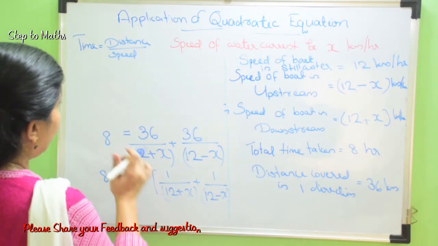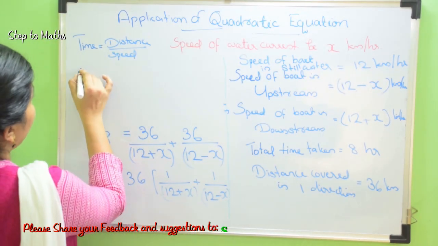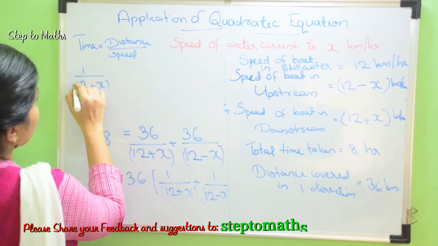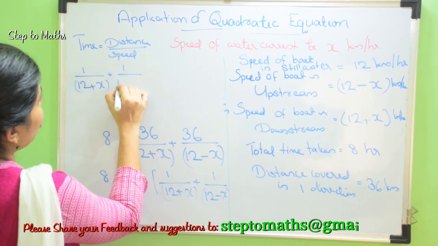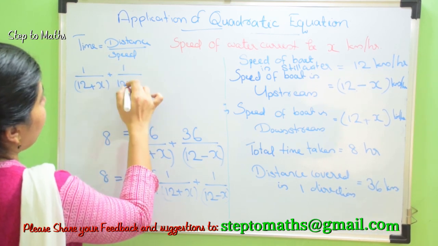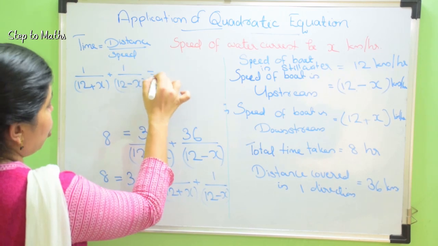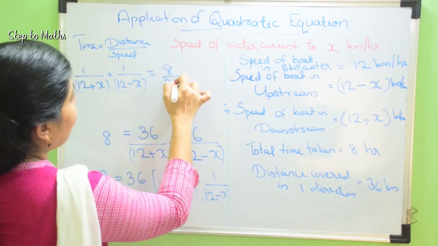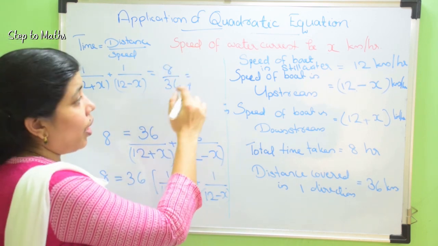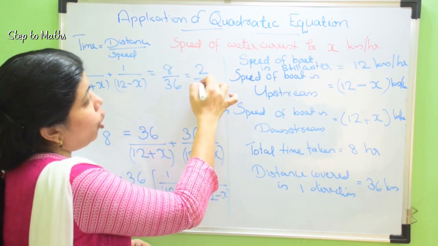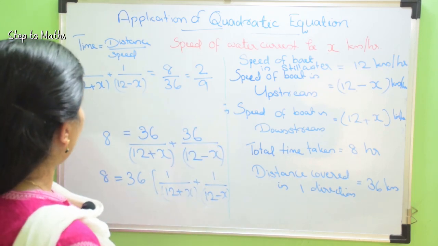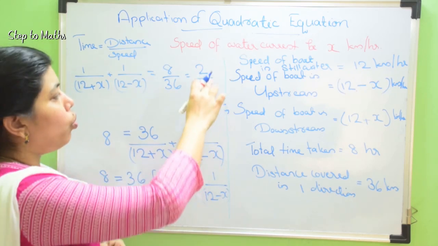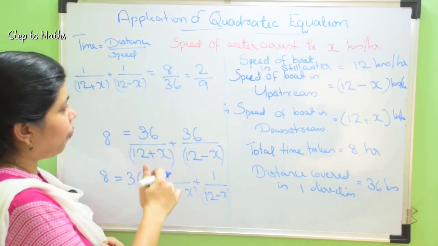Now this becomes 1 by 12 plus x plus 1 by 12 minus x equal to 8 by 36. 8 by 36 we can write as 2 by 9.